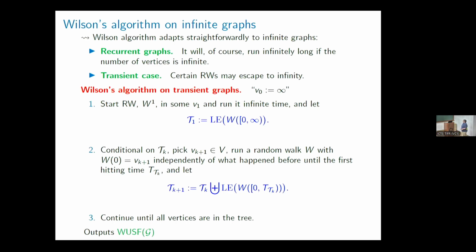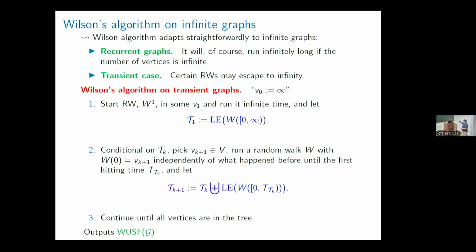And then you do what you did before. You start with the second vertex, V2. You let run your random walk independently of what happened before, starting in V2 until you hit this branch T1. And more generally, conditionally on that you have k branches already generated, you pick the (k+1)st vertex. You run your random walk independently, starting in V_{k+1}.